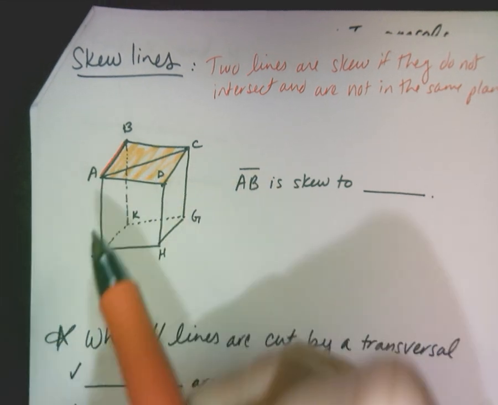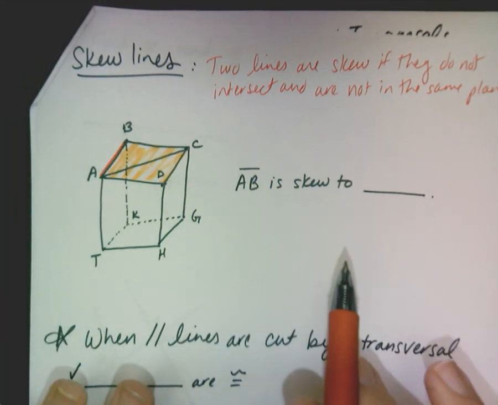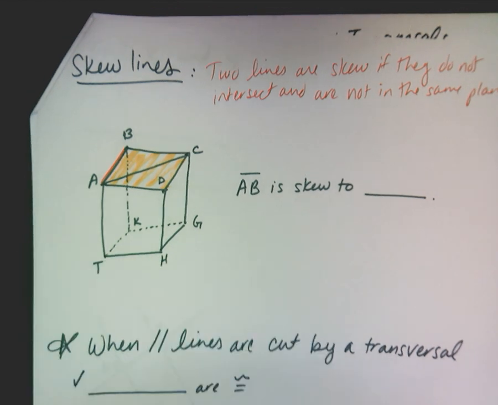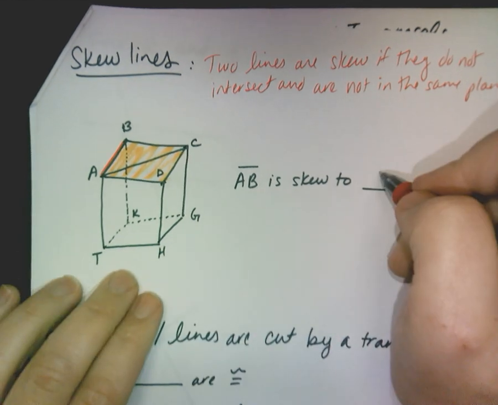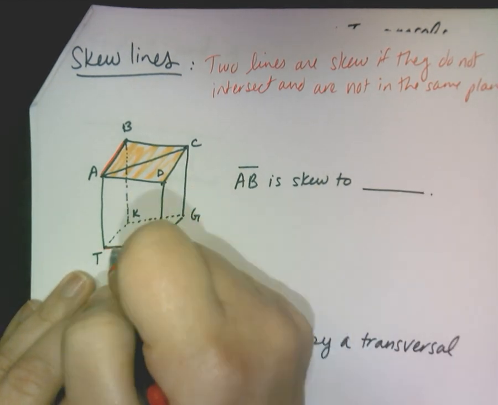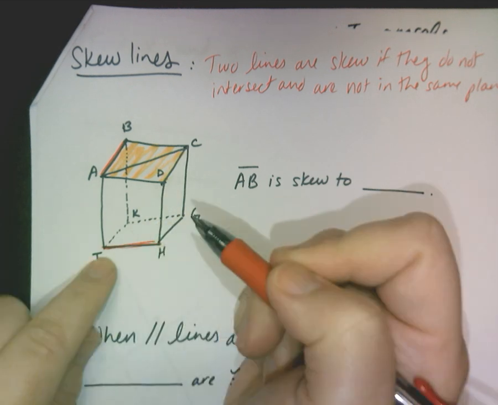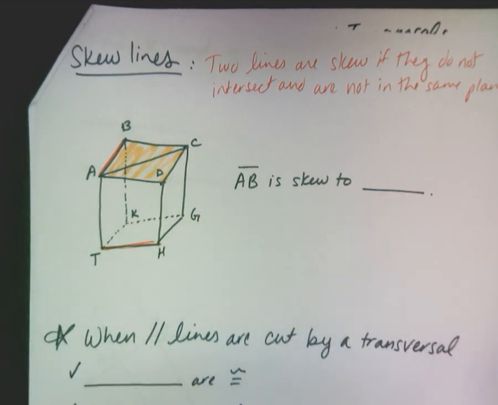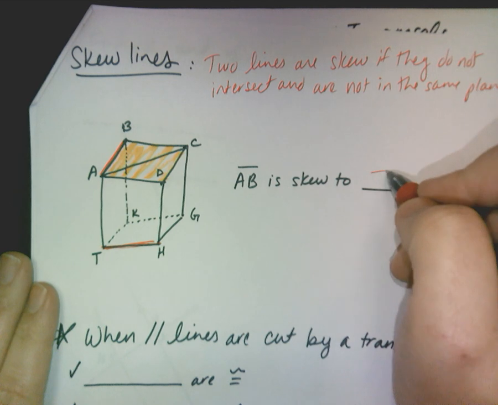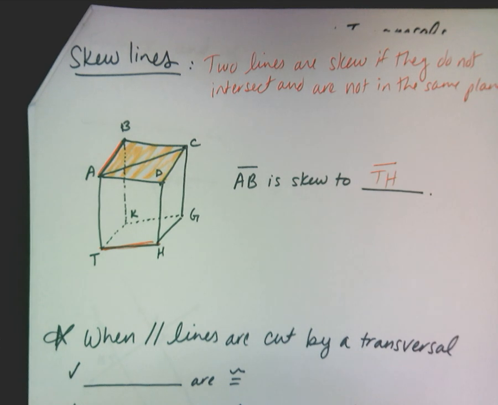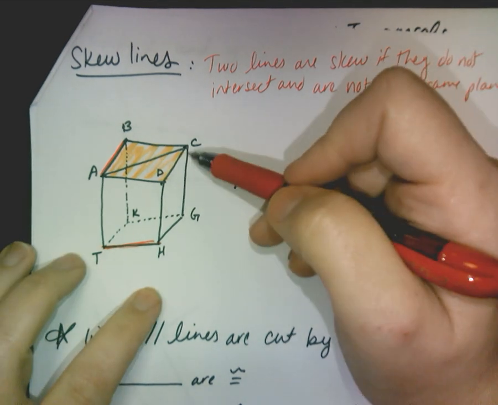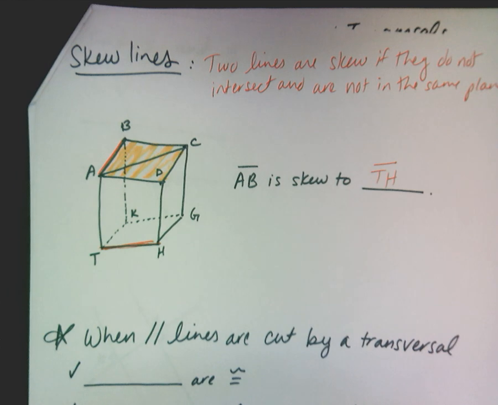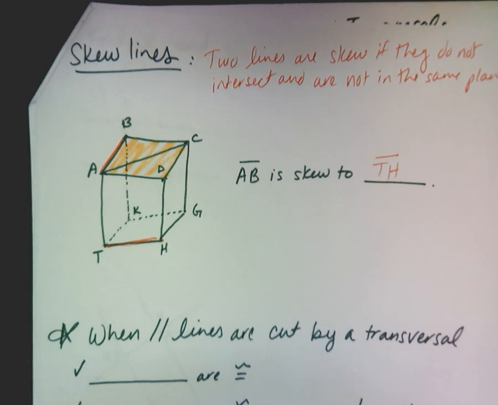I would want it going a completely different direction and on this plane. So TH would work. See how TH is going a different way, totally on a different plane than AB? Could you have picked another one? Could you have picked CG? Yes, totally on a different plane. So that's what we want. Going in opposite directions, totally different directions, different plane. Those are called skew lines.